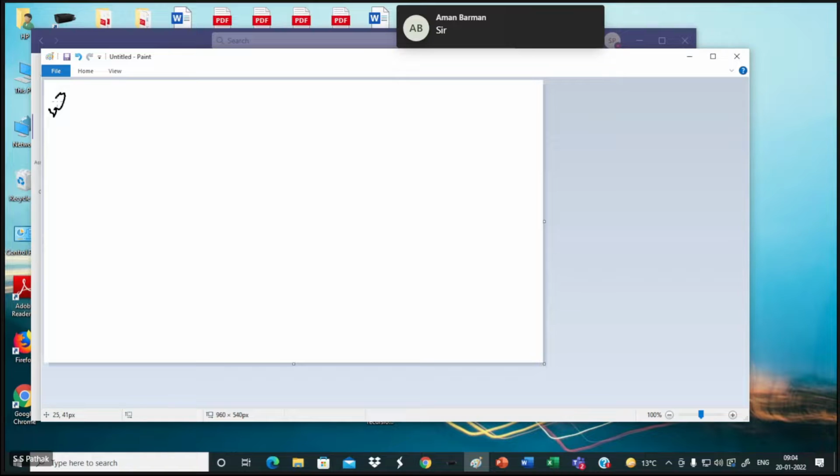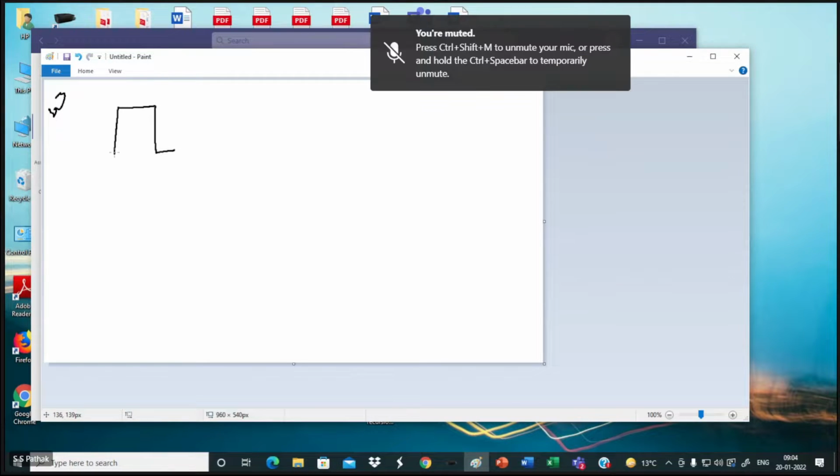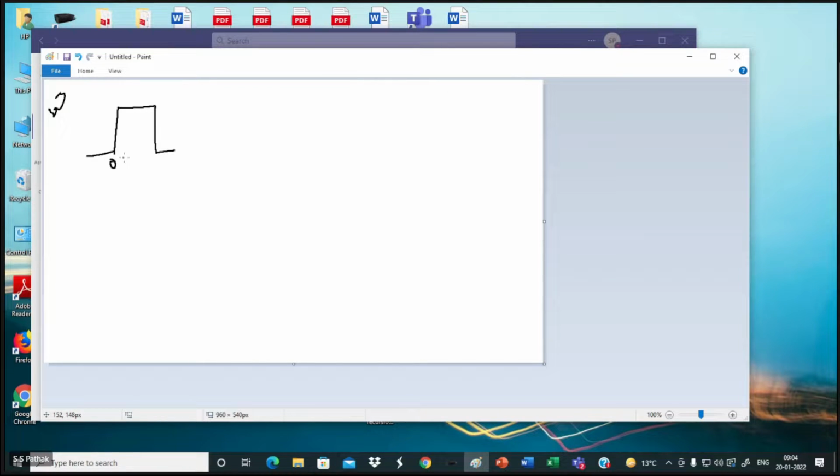In my previous class, that was the first class itself, that pulse I defined like that. Here is my 0, this width in time domain is Tp, and that's how it is standing against time.